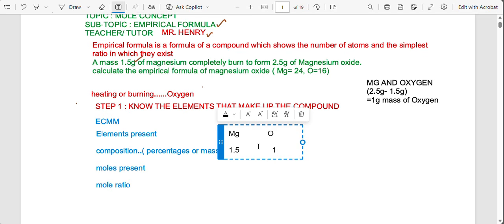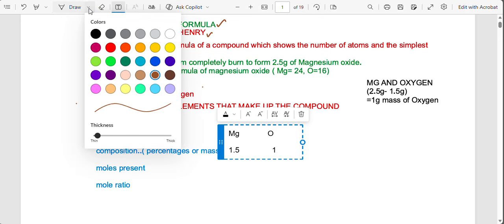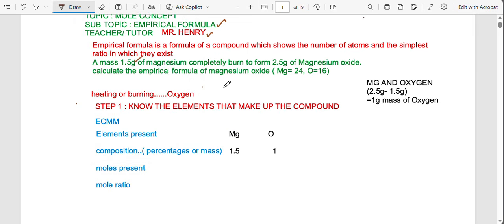Then under moles present, what do we do? Under moles present, we divide our masses that are given by the mass number in the question. The mass numbers, or the atomic masses, will always be provided in the question.